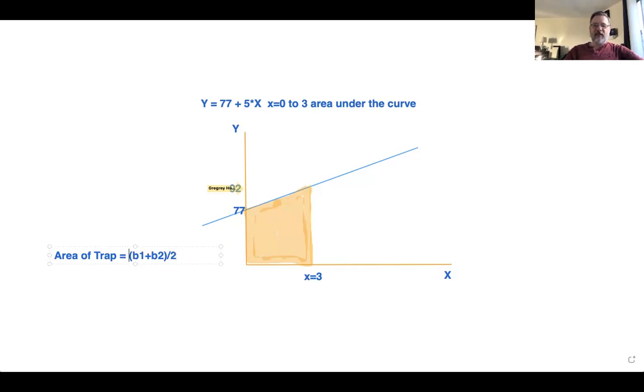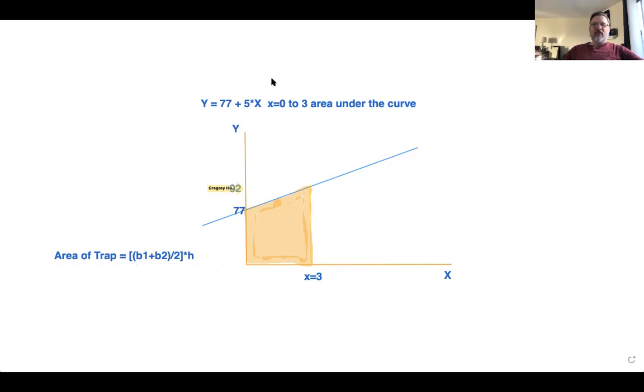Okay. And just to be careful, times the height of the trapezoid. Okay. Yeah.